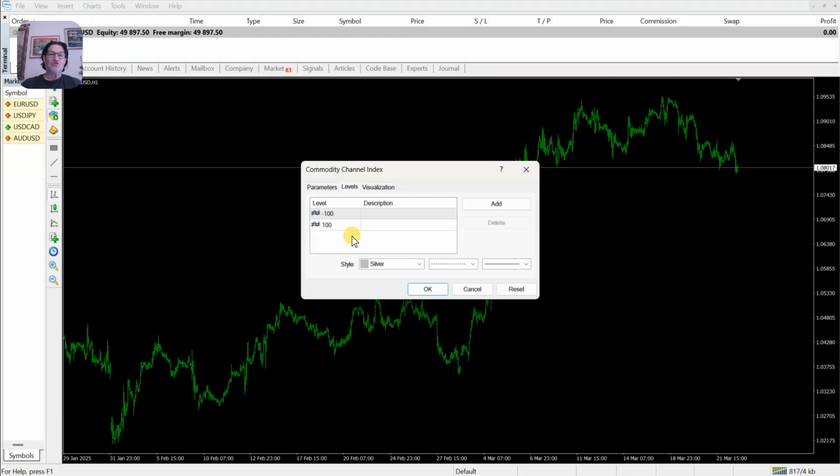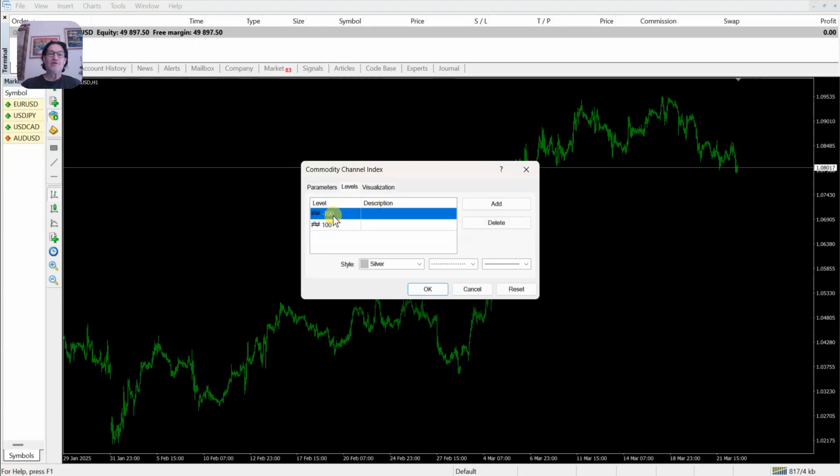And the way it is normally used is if price dips below minus 100 and now makes an upward curve, it would be a good time to consider a buy position. If price is above 100 and makes a downward curve, it would be a good time to consider a sell position. Too much involved, we don't want that. Besides, we're not going to use this indicator that way anyway.